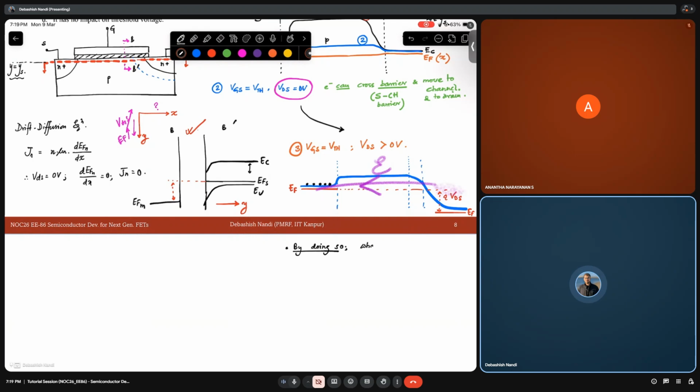By doing so, what about the threshold voltage? What about VTH? What does it depend on? Threshold voltage depends on the barrier at this location.